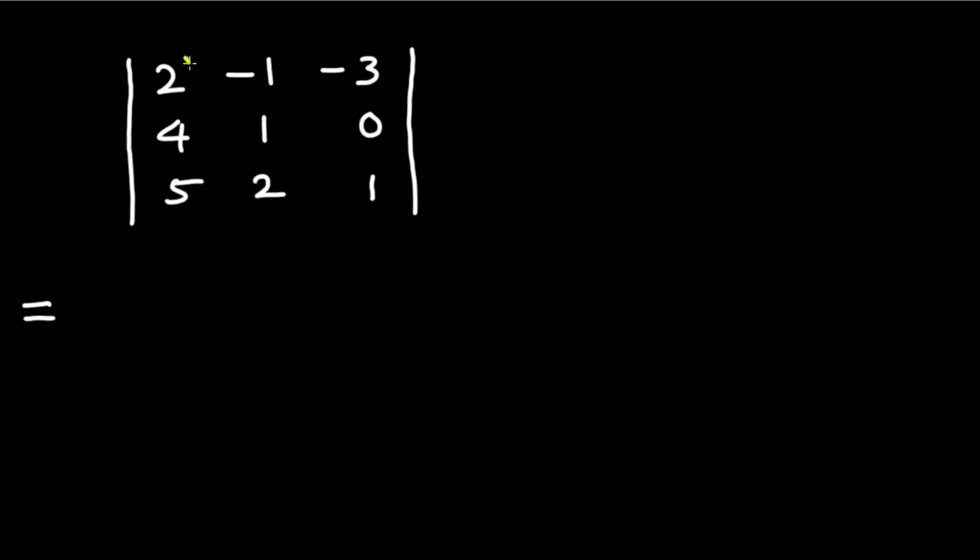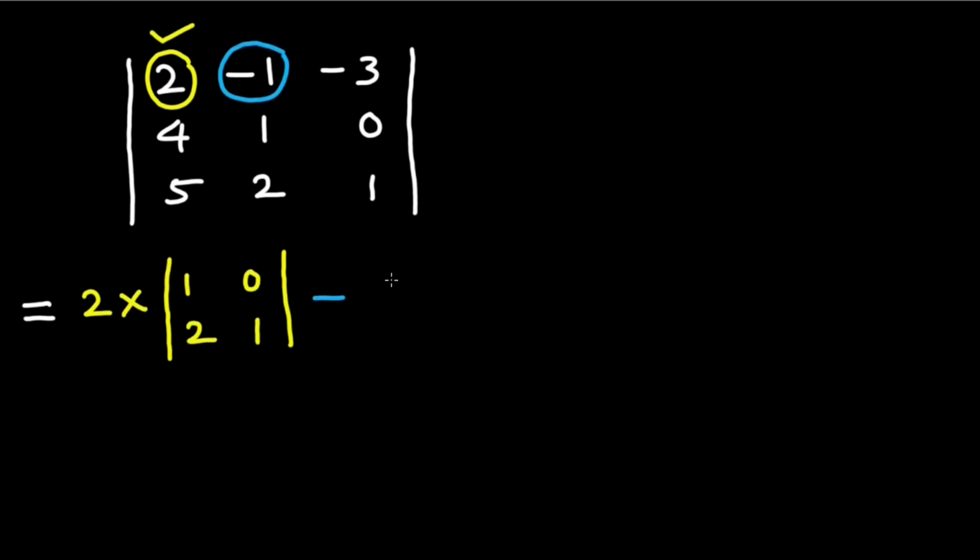First, we write the first element of the first row, which is 2, multiplied by minor of the first element 2, which is 1, 0, 2, 1. Then we put the minus sign, and then the second element of the first row, which is minus 1, multiplied by minor of this second element minus 1, which is 4, 0, 5, 1.